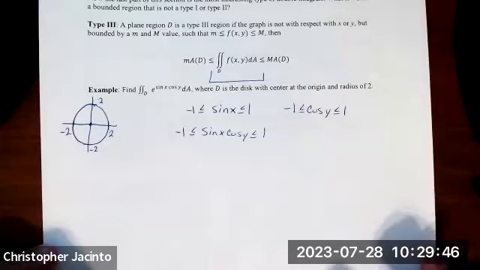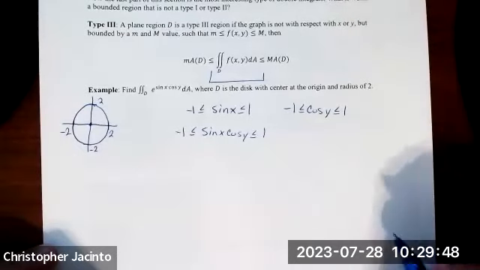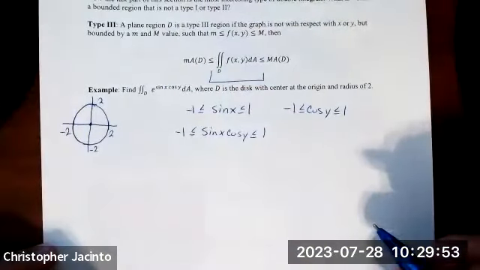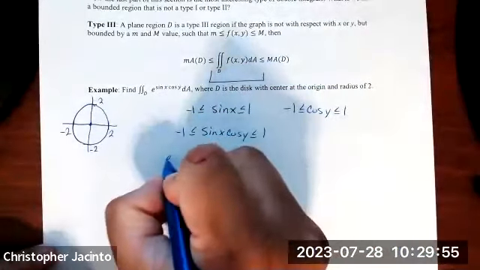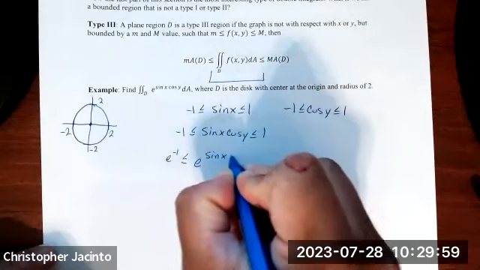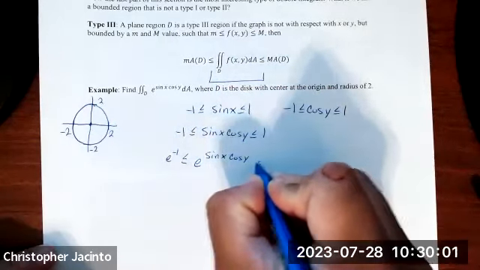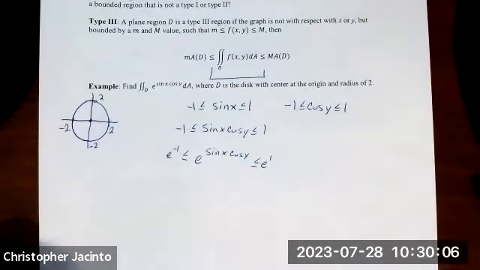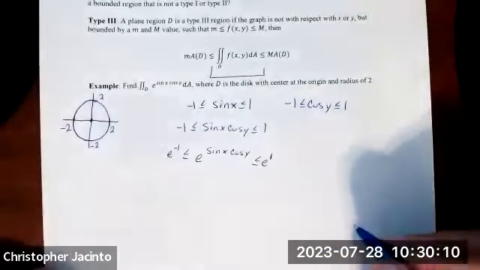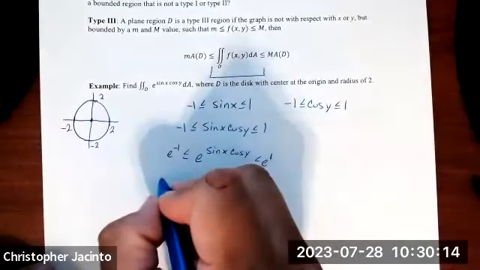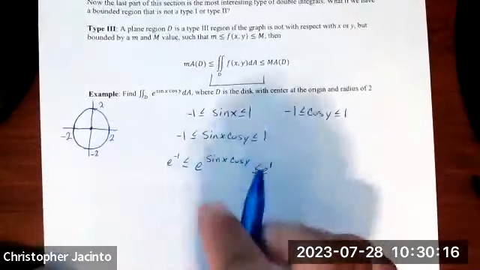All right, so what we're going to do now is, since we want e to that value, we raise everything to the e power. And if we take the integral of all of this, we get exactly this property right here.